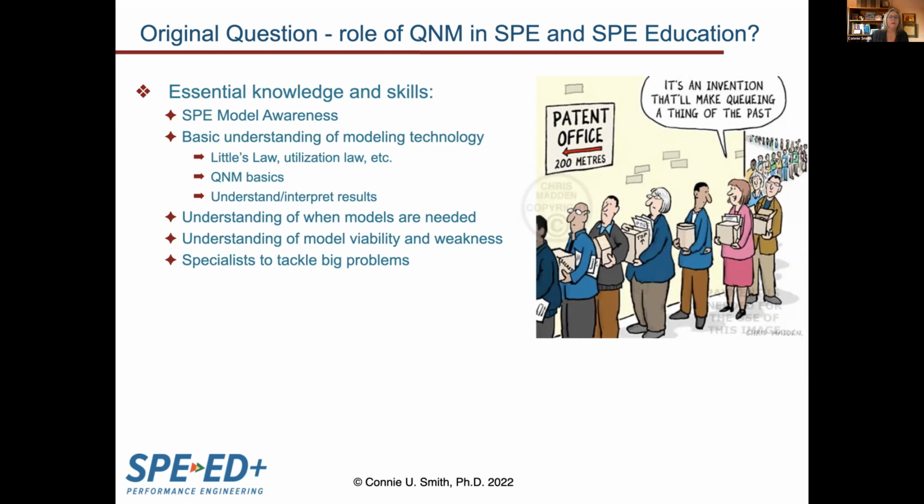We can teach simple things like Little's law, utilization law, some queuing modeling basics, and how to understand and interpret results. The idea here is to give new performance engineers just enough information to know that there is a resource available to them, but not necessarily to be able to use it for nuclear power plant software evaluation.